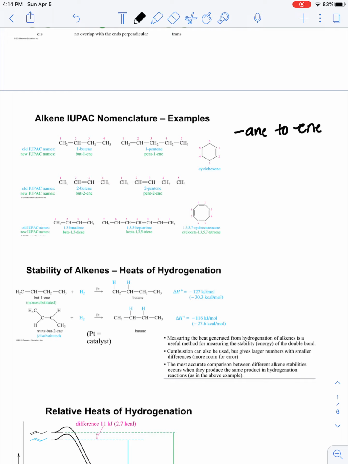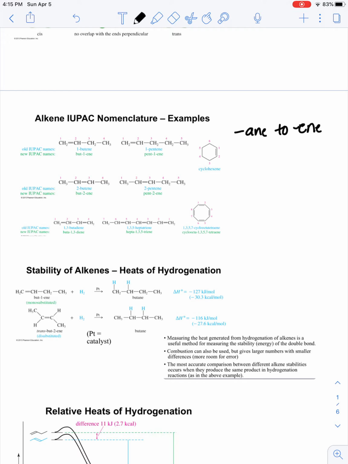So when the chain contains more than 3 carbon atoms, the number is going to tell us where that double bond is. The chain is going to be numbered starting with the end closest to the lowest number. So there's some old IUPAC names and some newer IUPAC names. Honestly, you'll probably see both of them still used in most textbooks.